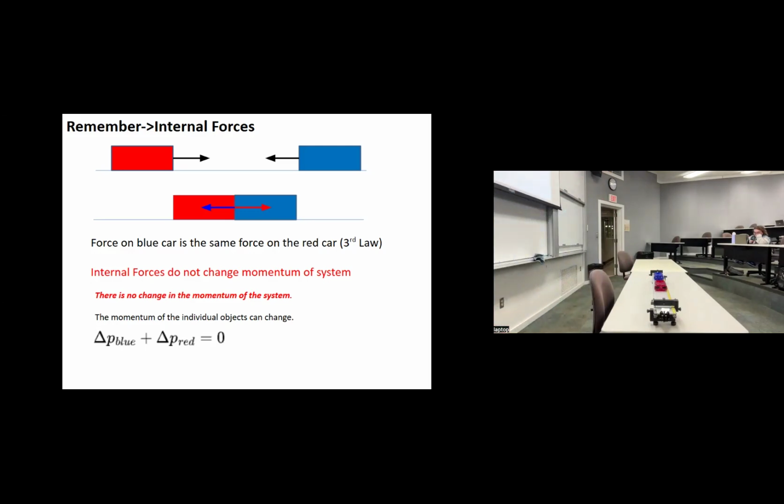So what happens is there's a change in momentum of the red car, but whatever that was goes to the blue car, right? So that way there's no momentum change in the system between the red and blue car. Momentum is a conserved quantity in a system. So notice in my system, red and blue add up to 0. Momentum is conserved in the system.